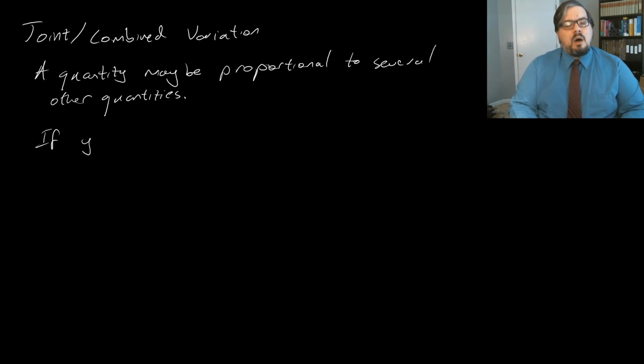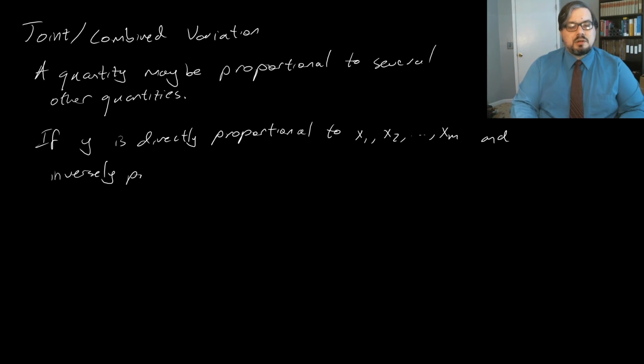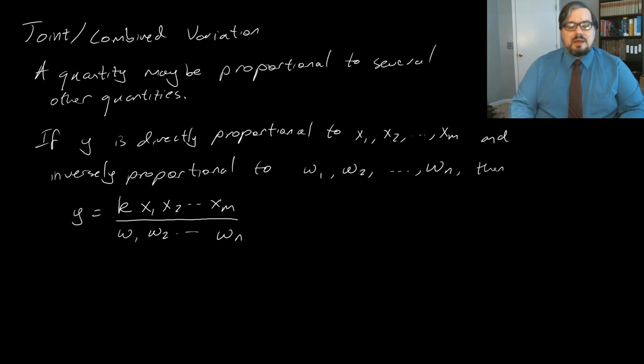So if y is directly proportional to, let's do x1, x2 up through xm, and inversely proportional to w1, w2 up through wn, then that means that y is equal to k times x1, x2 up through xm divided by w1, w2 up through wn for some k.